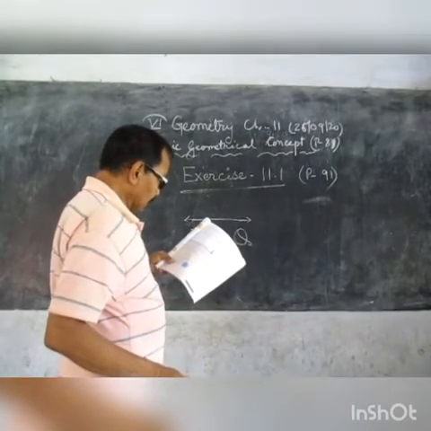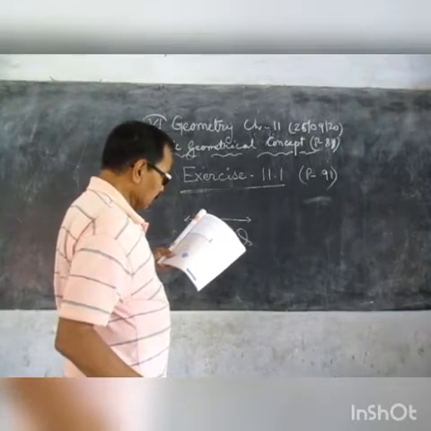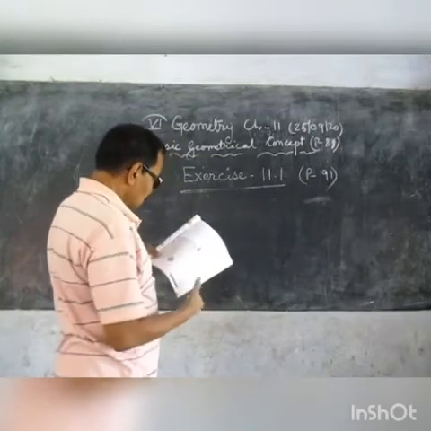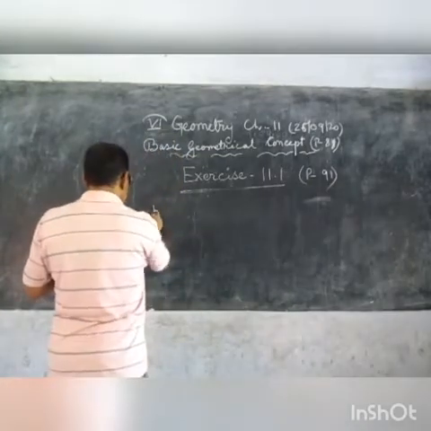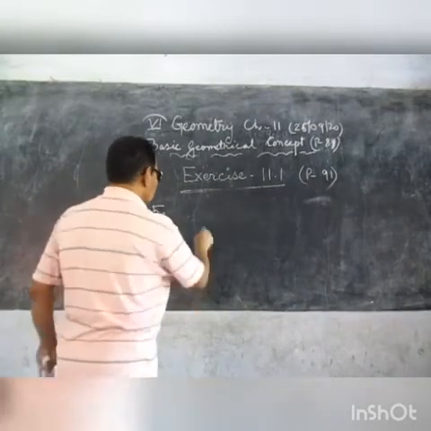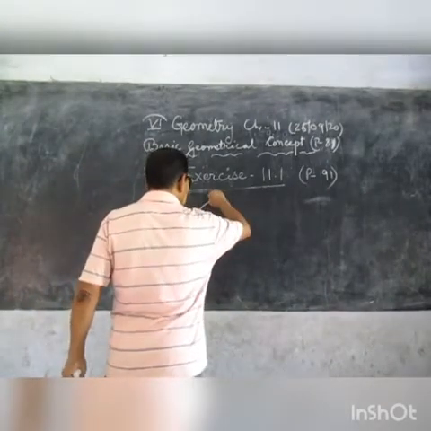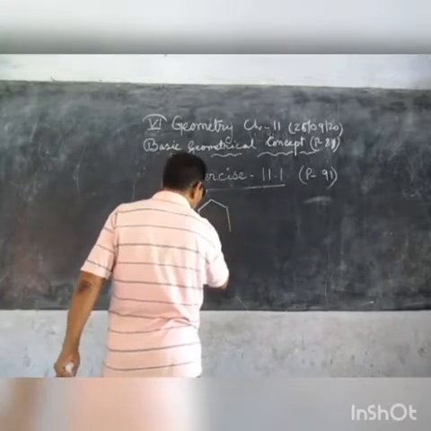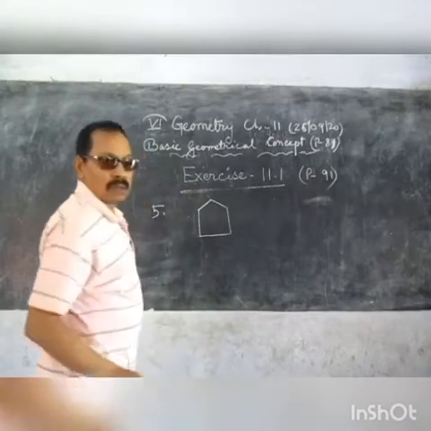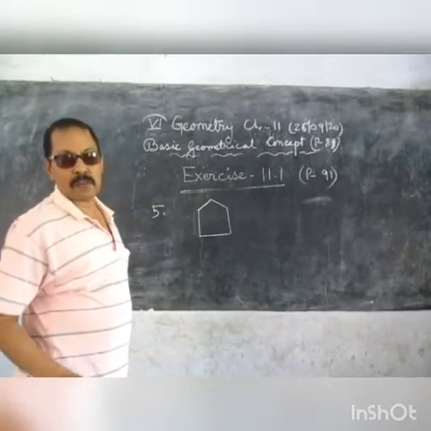Draw a 5-sided polygon and shade its interior. Number 5. Draw a 5-sided polygon. 1, 2, 3, 4, 5 sides. It is a 5-sided polygon. What is a polygon? A closed figure bounded by 3 or more line segments.